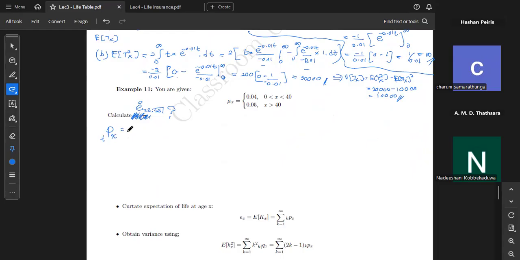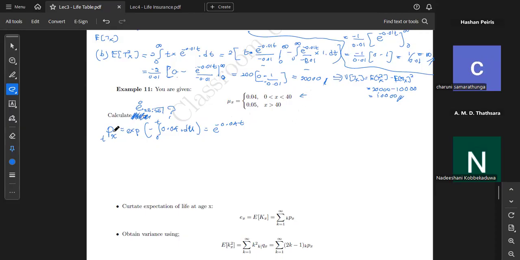So this is the survival probability, which is a function, and if we know the force of mortality, we can find it like this. So if x is between 0 and 40, this is a constant, and we integrate it with respect to u, and you will get this for the range from 0 to 40.